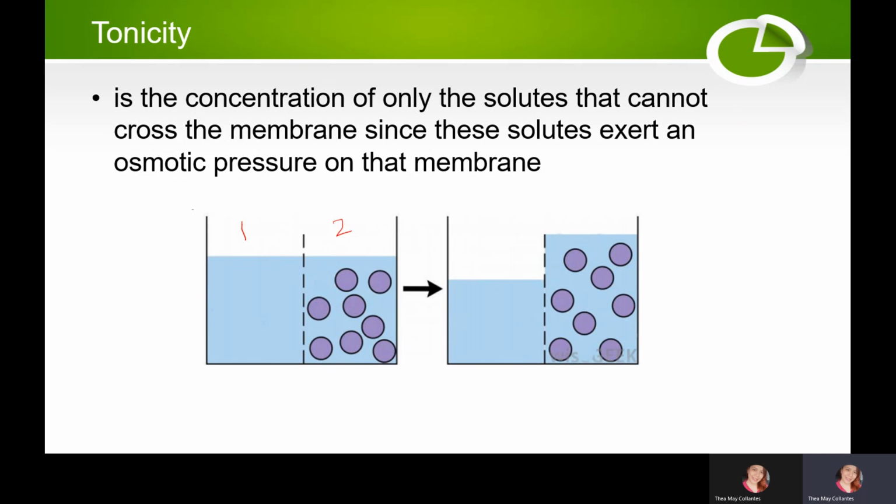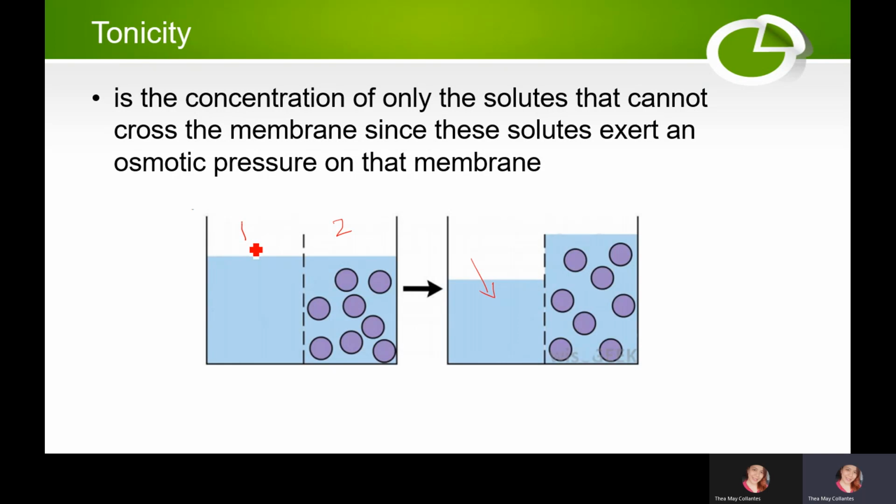When we talk about tonicity, this is the comparison of your different osmotic pressures or osmotic solutions. There should always be the presence of a cell membrane or a boundary, a semi-permeable membrane, into which you are going to introduce one.